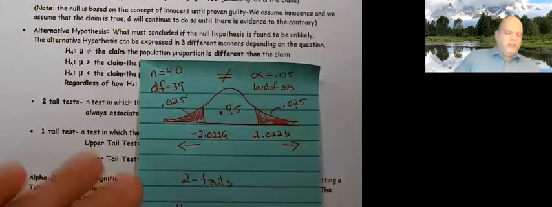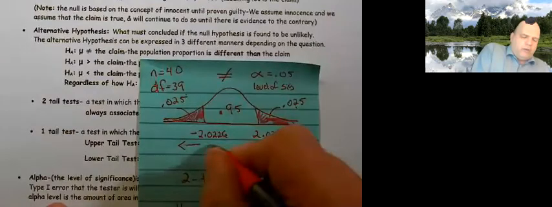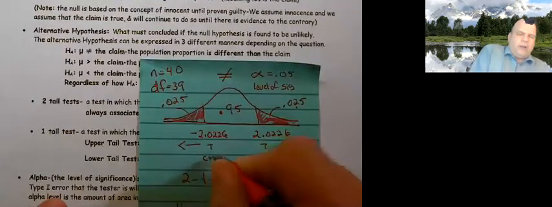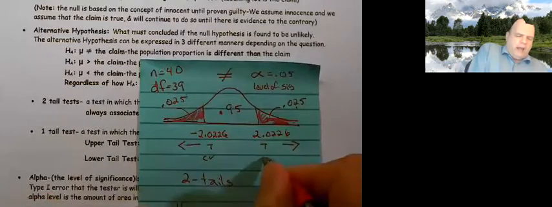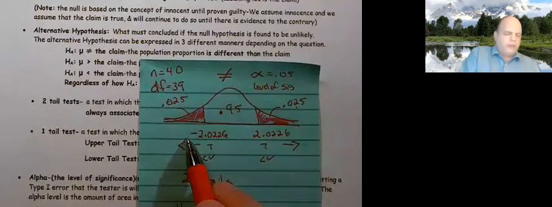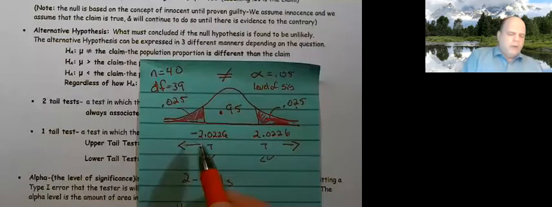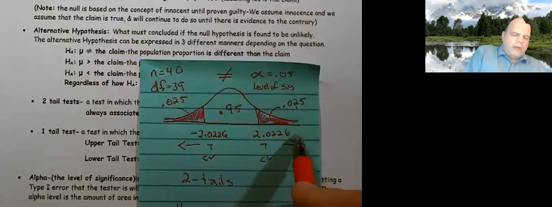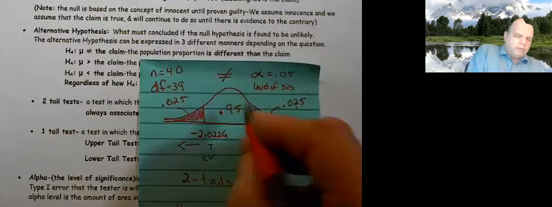But you're probably wondering where I got these two values. These are my t values, or t statistics, and they're also known as a critical value. If I get a t value less than negative 2.0226, I'm going to reject the null. And if I get a t value greater than this, I'm going to reject the null.